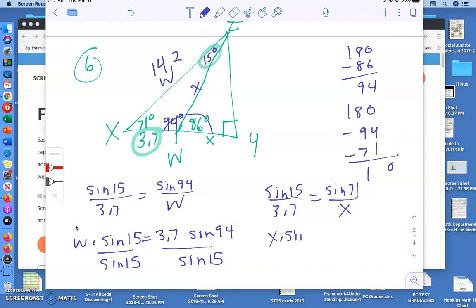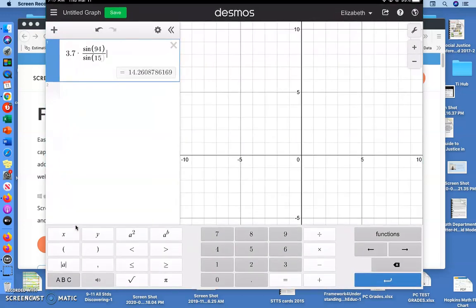So x times the sine of 15 equals 3.7 times the sine of 71, divide by the sine of 15. So the same problem here, but we got the sine of 71. So we have 13.5.